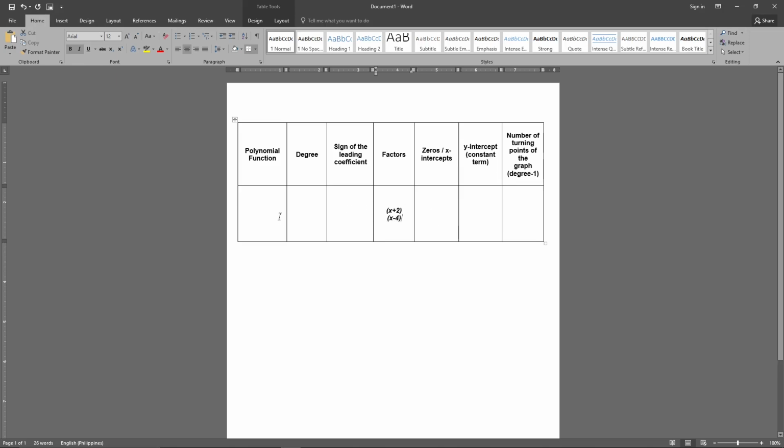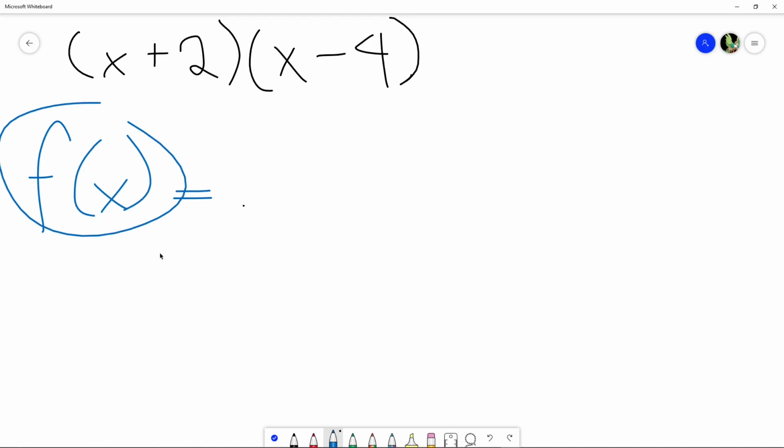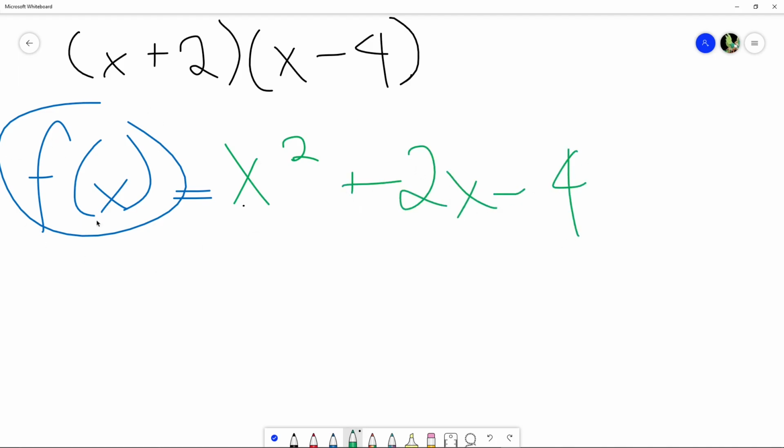Alright, we have our factors. We're going to find the polynomial function. So I'm going to explain to you again. A function is something like an equation but has f of x in the end, and then of course you got your normal things up here and so on and so forth. This is what a function is.